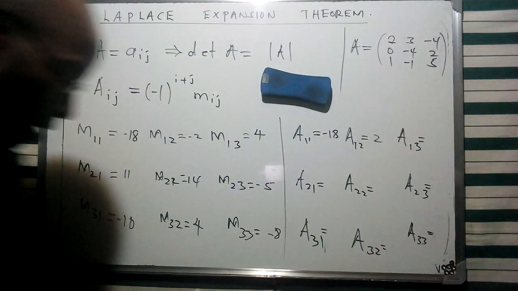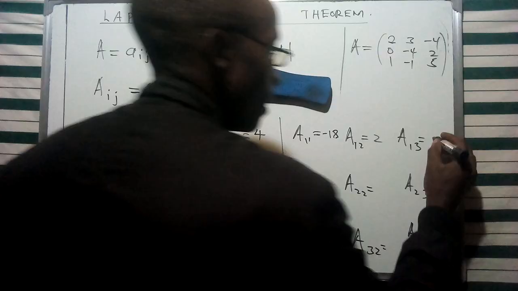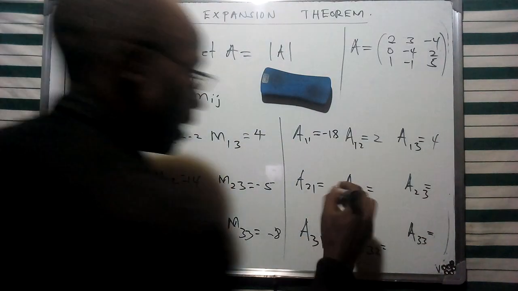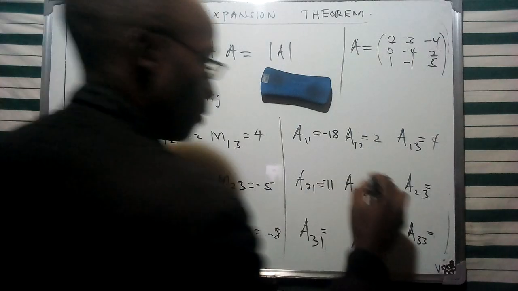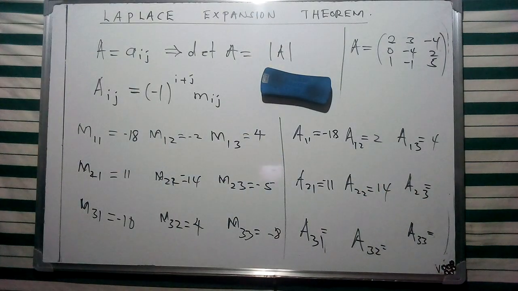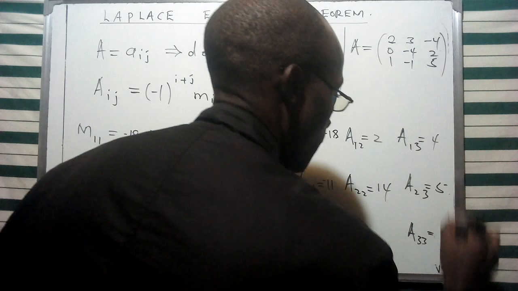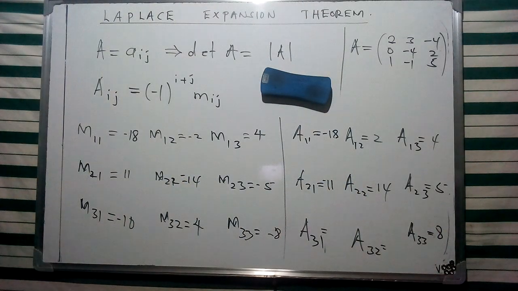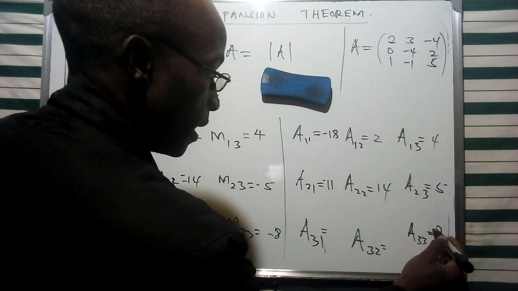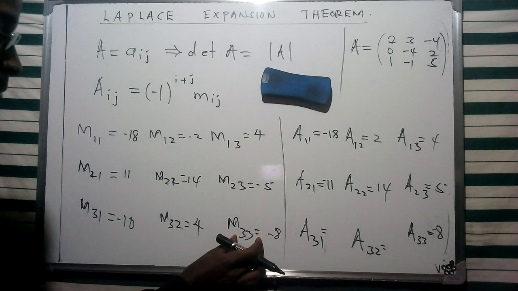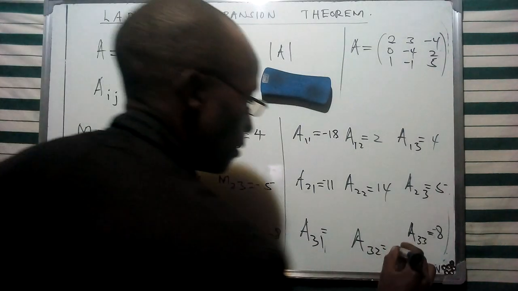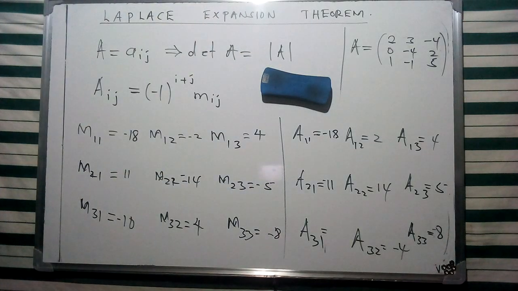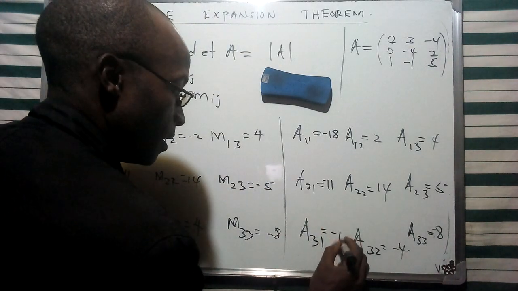So we're going to obtain a cofactor 2 there, and then we're going to have 4, negative 11, and then this one as 14, and then this one as 5, 8. So basically this is going to be negative 8, since this one is a positive 1 times negative 8, and then we're going to have this one as negative 4, and lastly this one as negative 10.